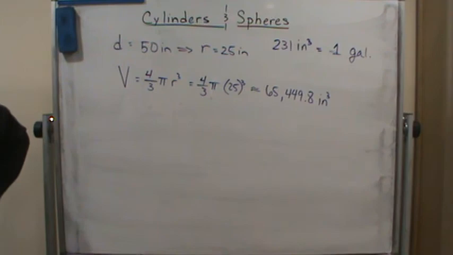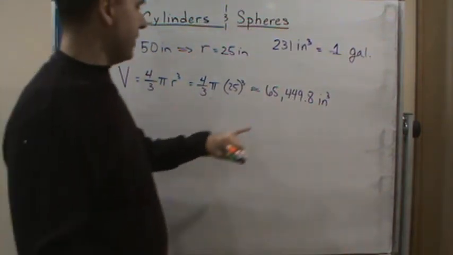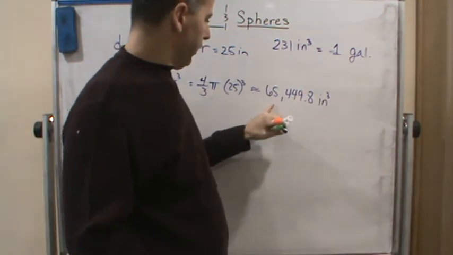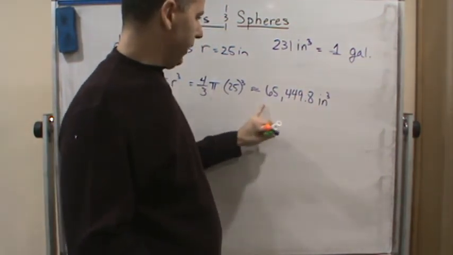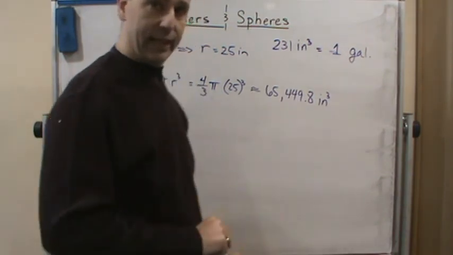And again, since we're going to be converting to gallons, I wouldn't round this here. I would leave this in my calculator, and then I would use the conversion factor that we'll see.